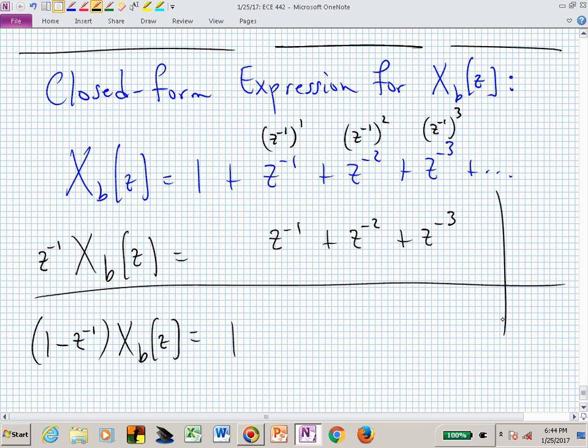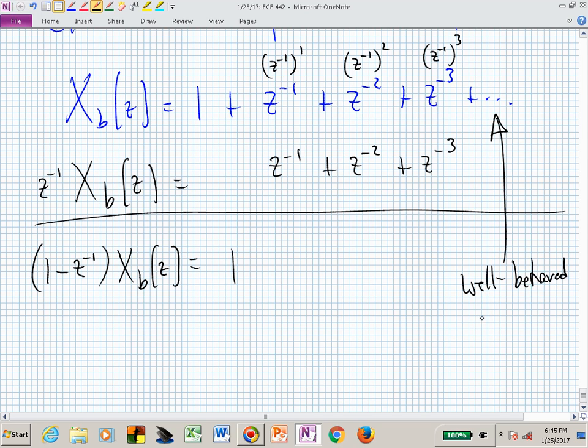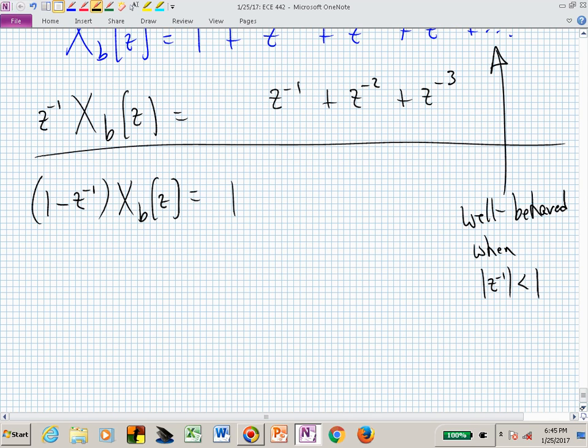So for this to be well behaved, we actually need the magnitude of z to the minus 1 less than 1 for that to actually converge. And if that's the case, then we can now solve for x sub b of z. That's now 1 over 1 minus z to the minus 1.